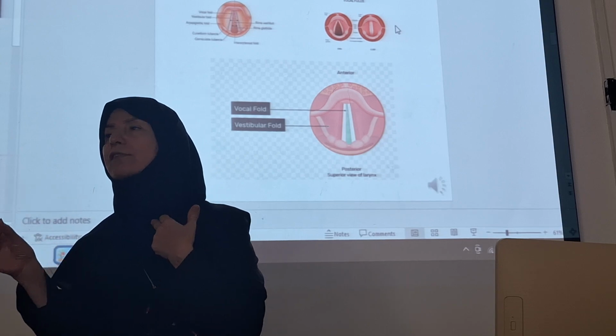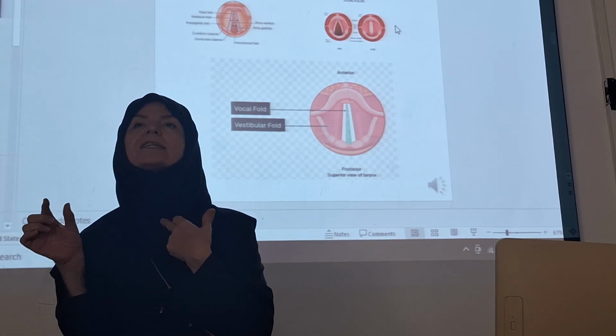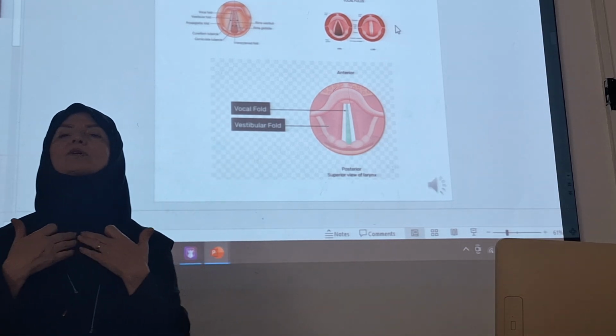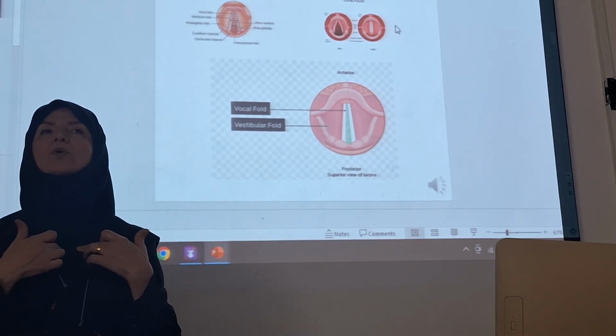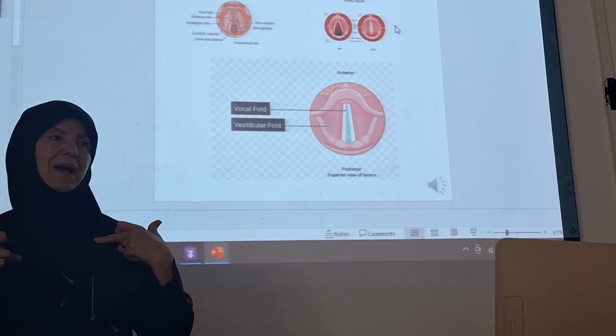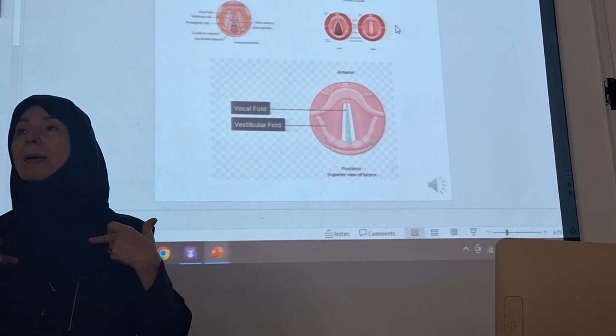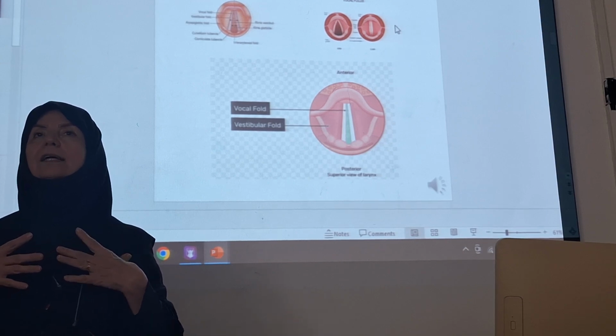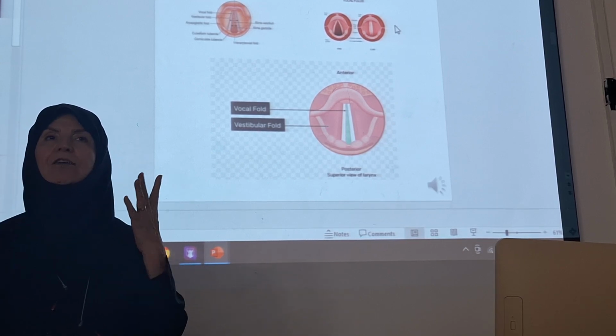The age of the patient is important, because in the adult, posterior to the manubrium, the left brachiocephalic vein is passing. But in the baby, the shape of the thorax is different from the adult.